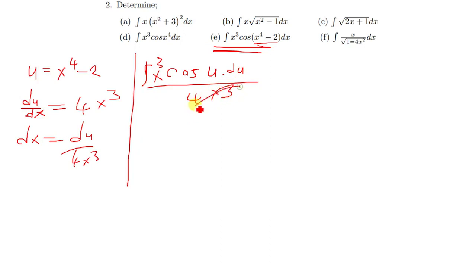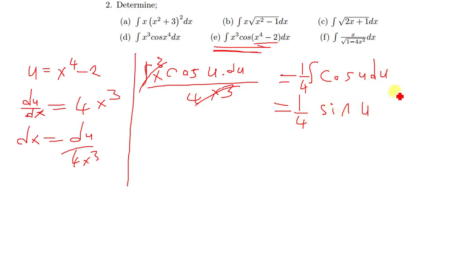You can see that this and that will cancel, so meaning we just remain with the integral, 1 over 4, the integral of cos u, of course with respect to u. So this will be 1 over 4. Then when you integrate cos u, you get sin u, and then plus the constant.